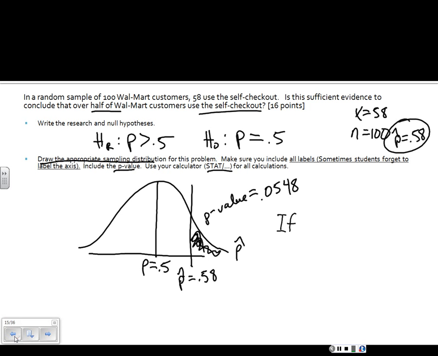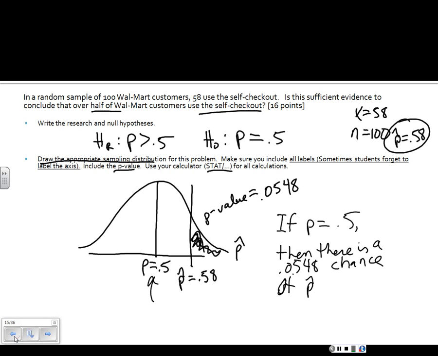So if P is equal to 0.5, if HO is true, then there is a 0.0548 chance, whatever the p-value is, of getting a p-hat.